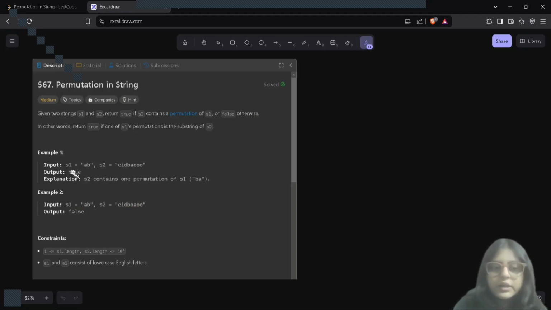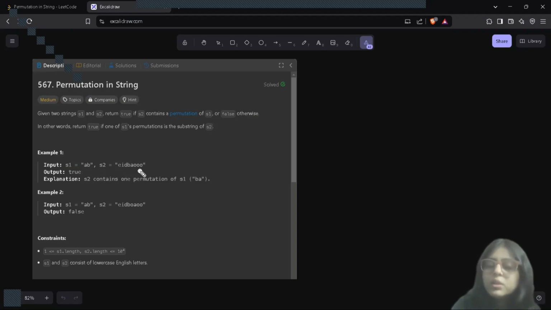So what we can do is figure out all possible permutations of string S1, and try matching them with S2, to see if any of the permutations is a substring of S2.